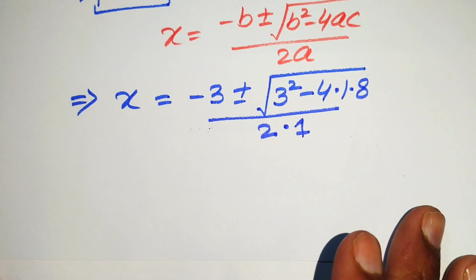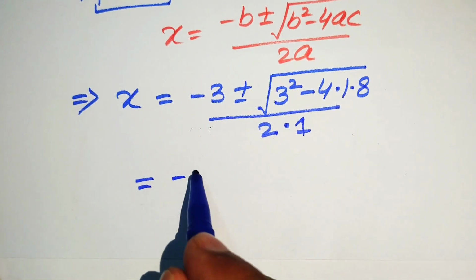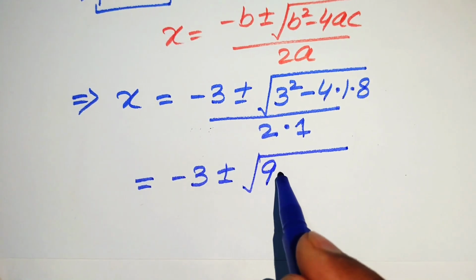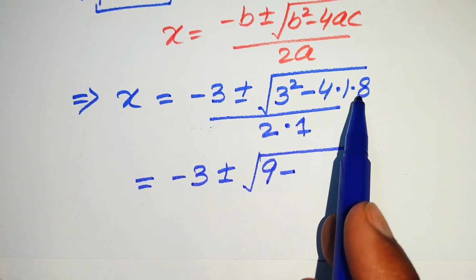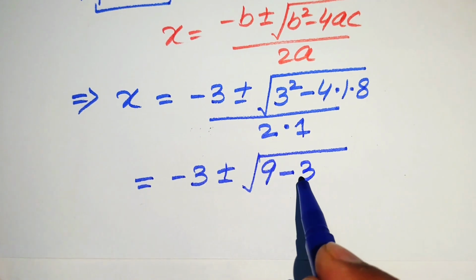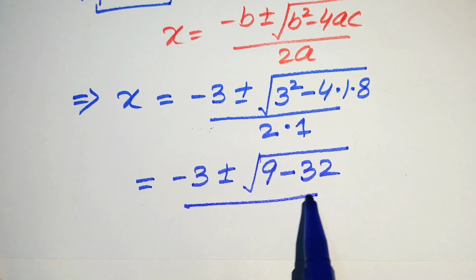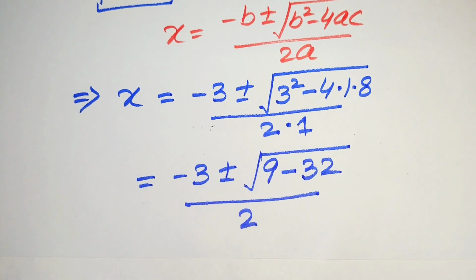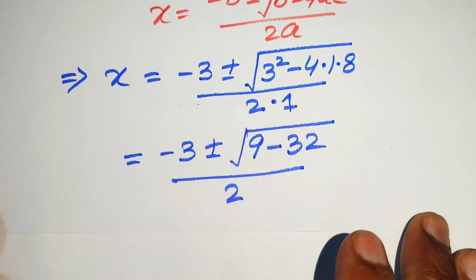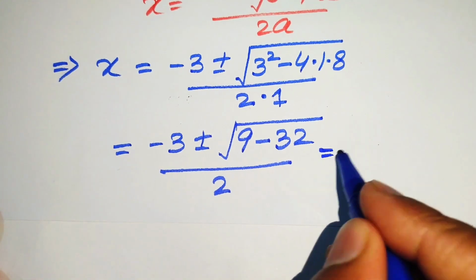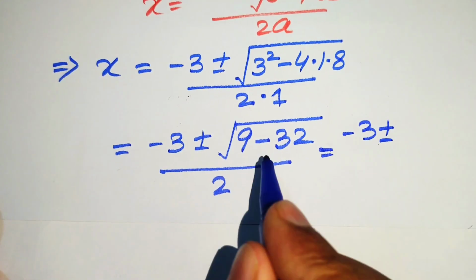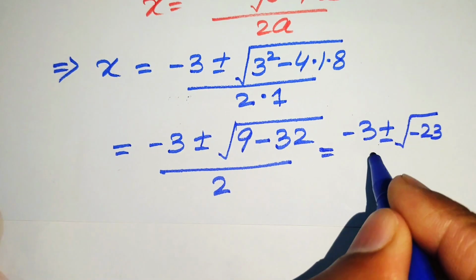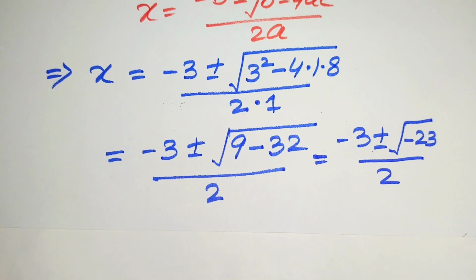In the next step we simplify: minus 3 plus minus square root of 9 minus 32, divided by 2 times 1, which is 2. So we have minus 3 plus minus square root of minus 23, divided by 2.